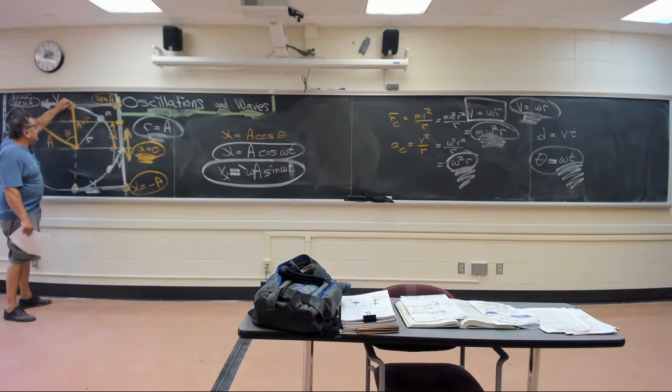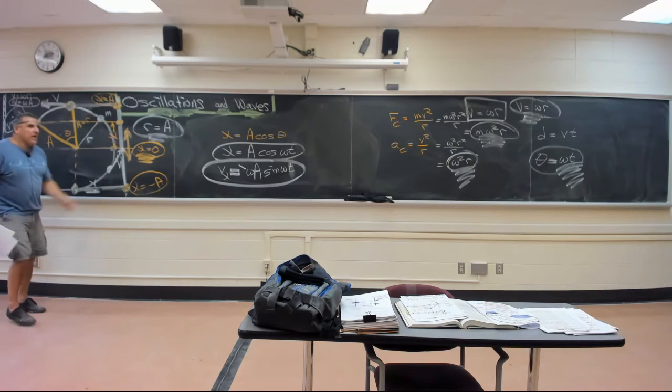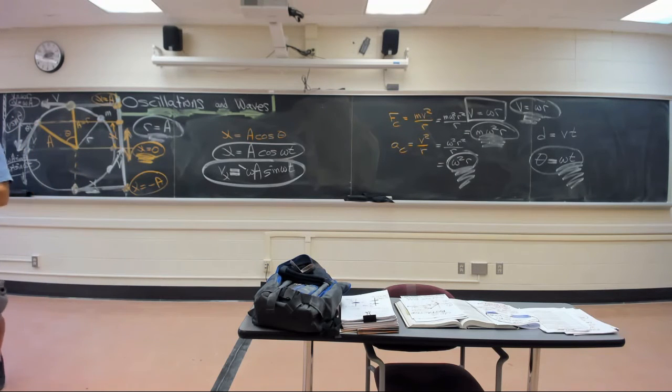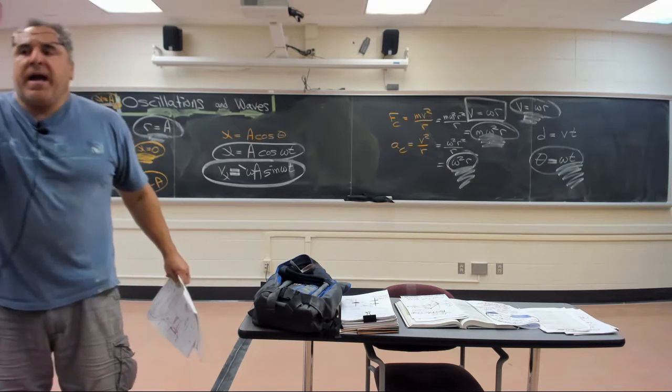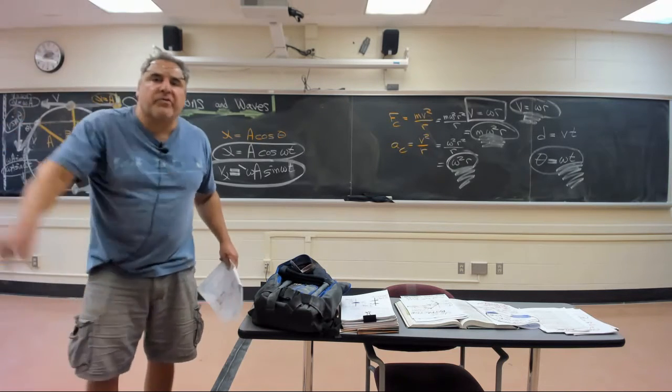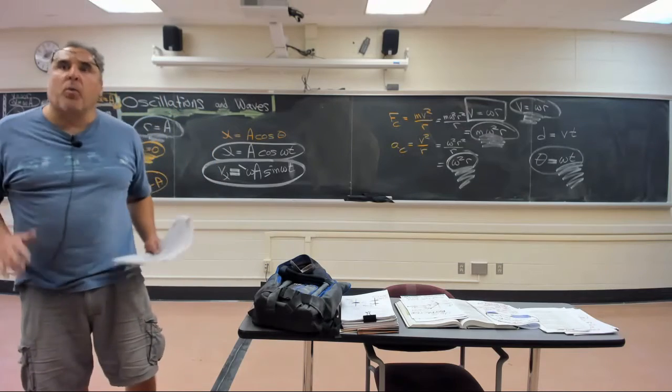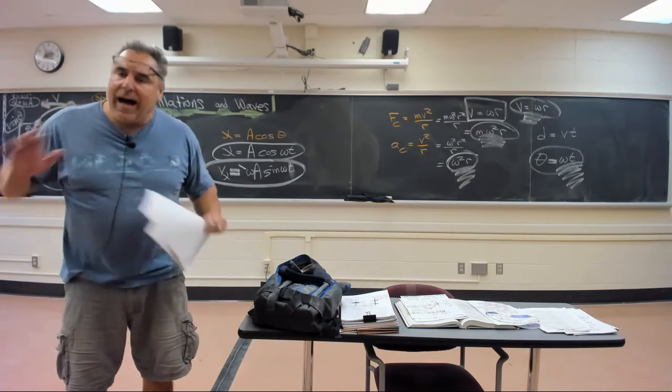Its biggest acceleration, ladies and gentlemen, is going to be here and here, when its velocity is the smallest. I understand it's going at velocity v in terms of magnitude in regard to that thing being whipped around the circle. It's not changing. It's going around at 100 meters per second. I get that.